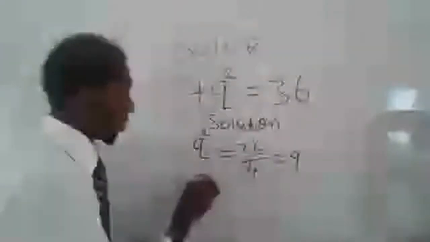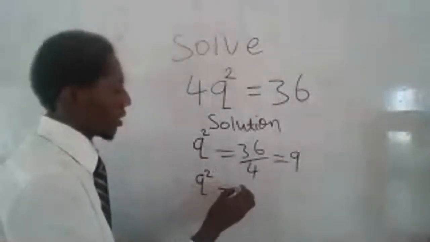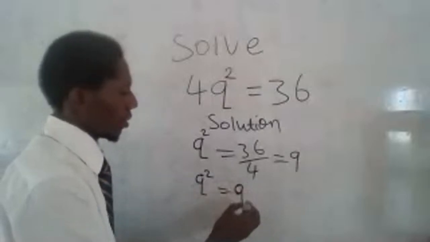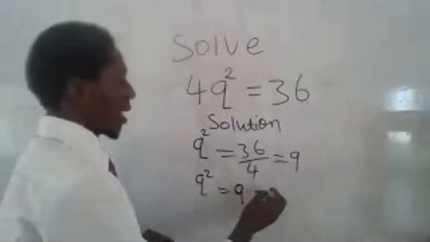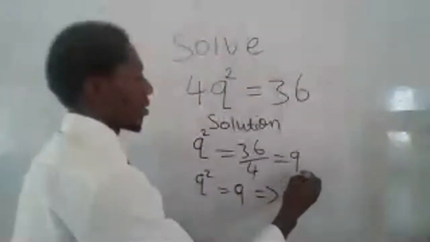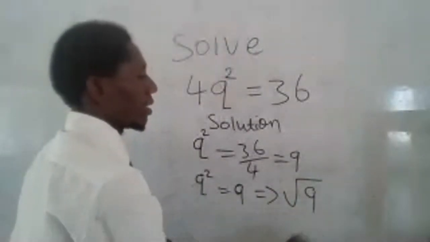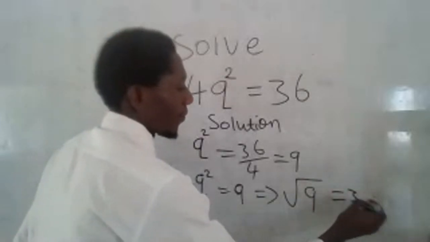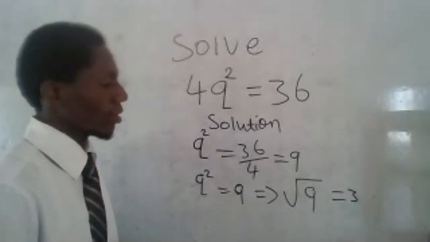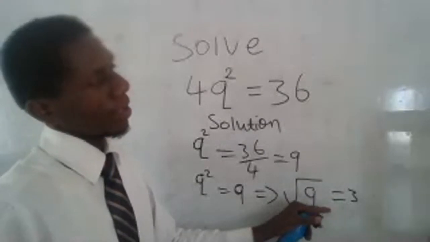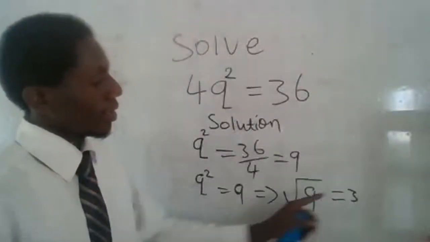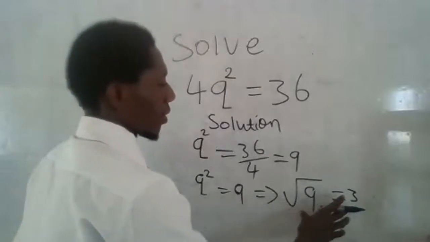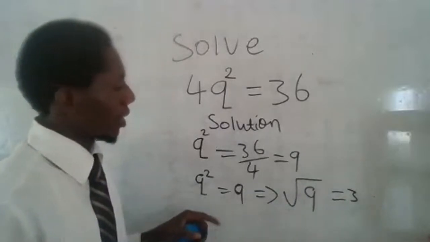Okay. So that means that my q squared is equals to 9. Okay. So I can get the square root of this. The square root of 9 is 3. Okay, so this is the answer. This is positive 3. Now there are two ways we can get this answer.